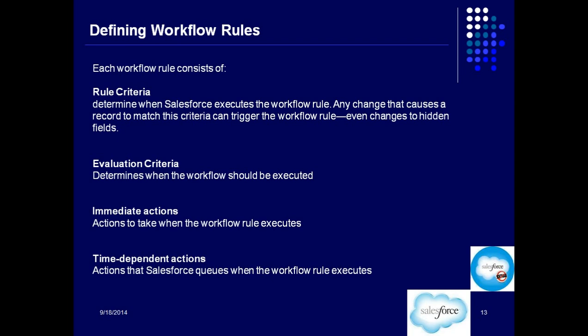Let's say you don't want to perform an immediate action, you want to perform an action after 3 hours. So those are the time dependent actions. Okay. So this is it. In a workflow rule, you simply have to define a rule criteria, evaluation criteria, immediate action, time dependent action. Fine. Now let's take a simple example.